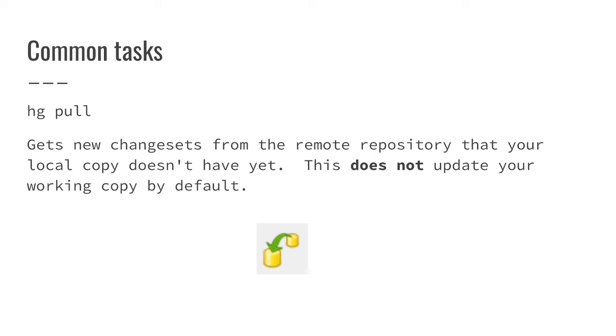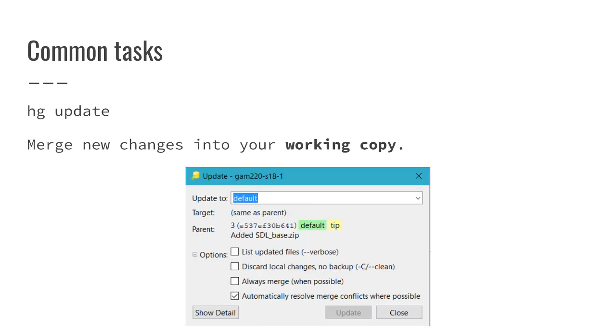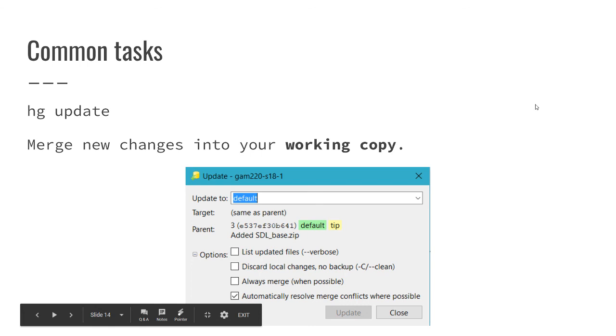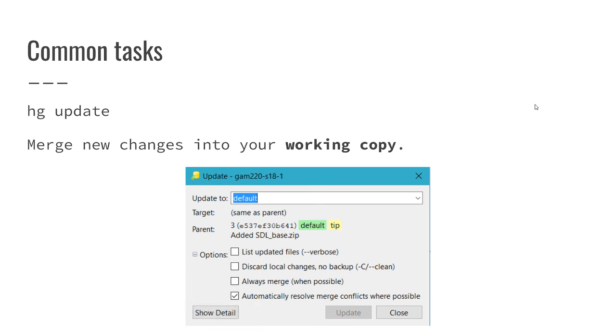So hg pull is getting new changesets from the remote repository. In Mercurial, it doesn't update your working copy, so you have to do another command, hg update, afterward to make sure that you have updated code. And when you do that, you'll get this dialog, and from there you'll merge those changes into your working copy. If you haven't made any new changes that conflict, it'll merge cleanly and right away.